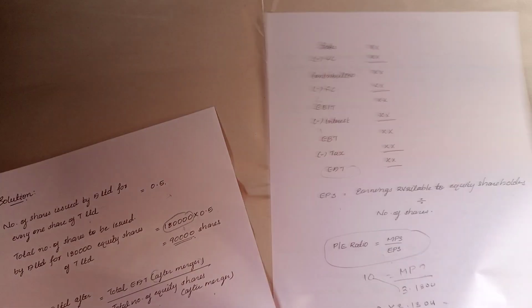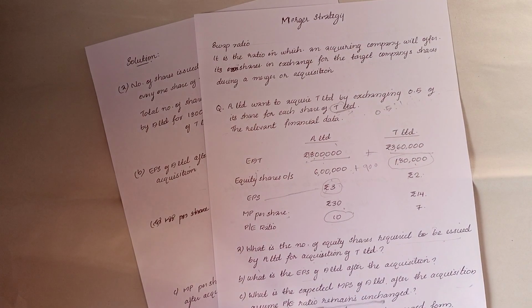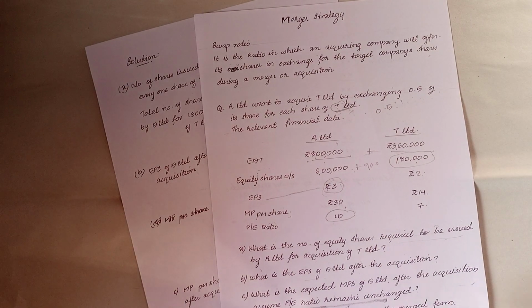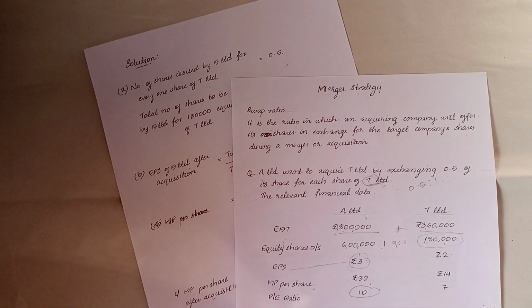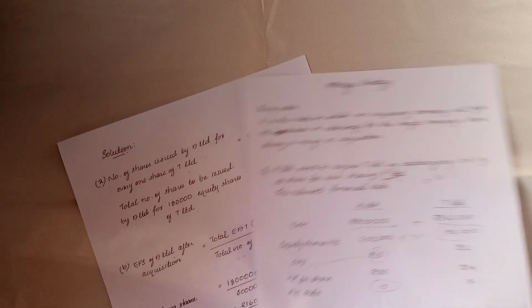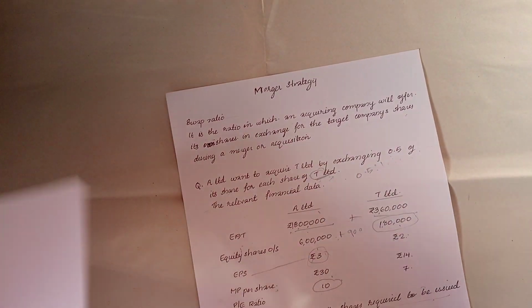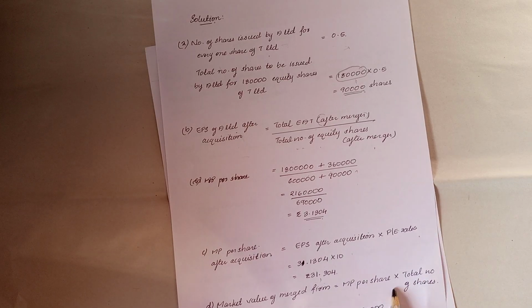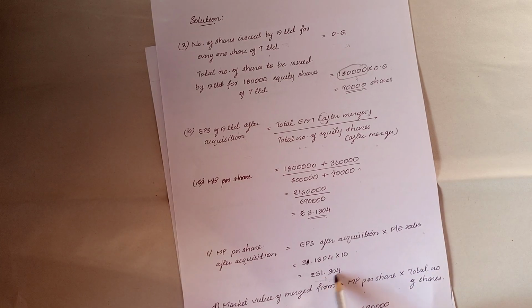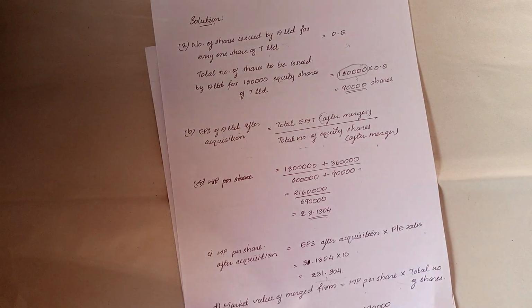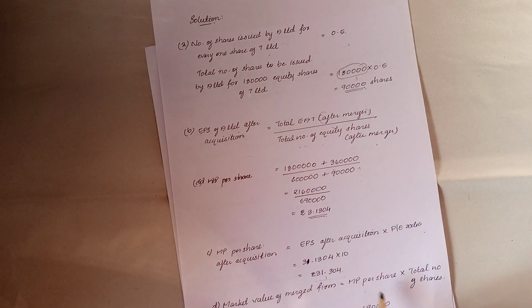Then the next question is, we need to determine the market value of the merged firm. Merged firm means we need to find the market value of the entire firm. How can we find the market value of the firm? It's very simple. Market price per share, which we have already found, 31.30, into the total number of shares of the merged firm.